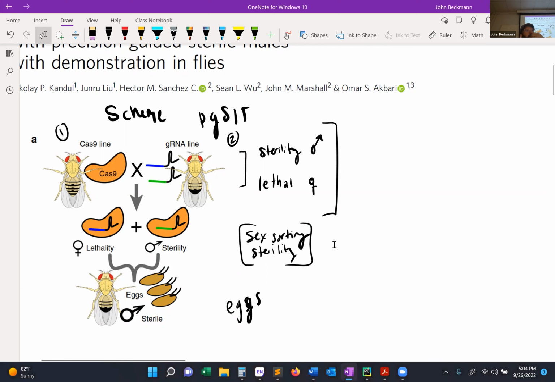You have sexual competition with sterile males with fertile females, but also you can have competition by releasing a ton of eggs. Yeah, they talked about that as another pro of this technique: because you're releasing eggs, these larvae are going to be competing with the local populations at larval stages too, not just for mating. So they say that's a plus.